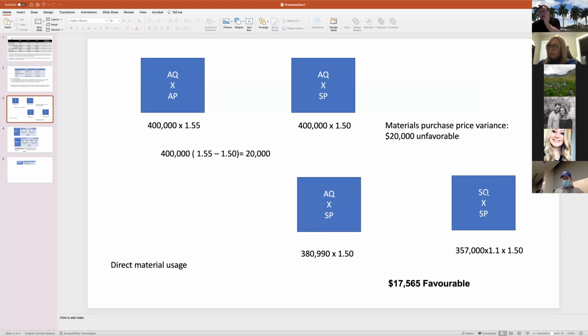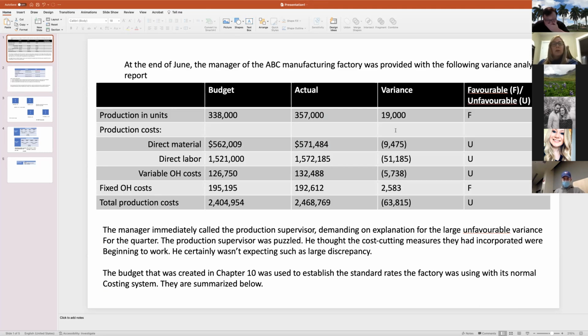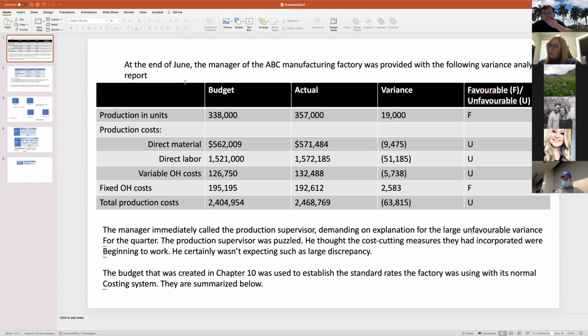What's the standard quantity? For direct materials, the standard is that each unit is going to use 1.1 kilograms. How many units do we have?